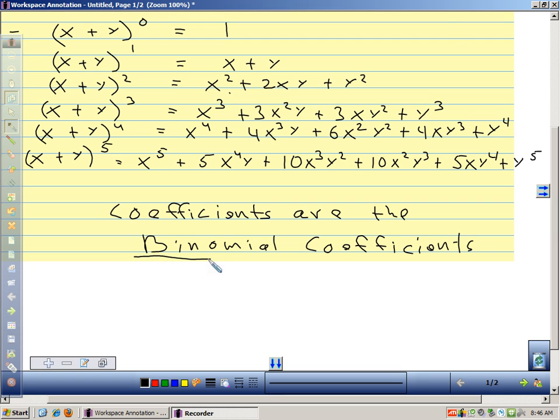So the binomial coefficients come up in a lot of different contexts. That's one reason why they're important. And the pattern that mathematicians noticed is called the binomial theorem.